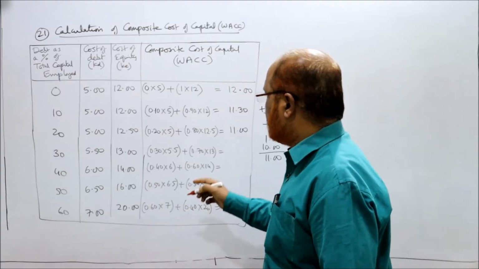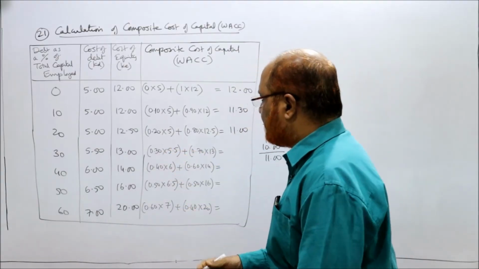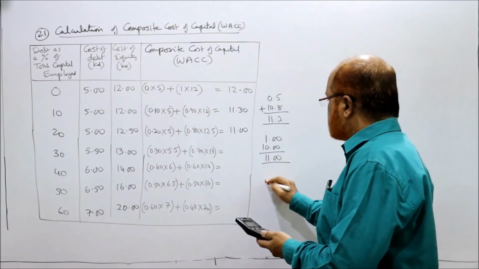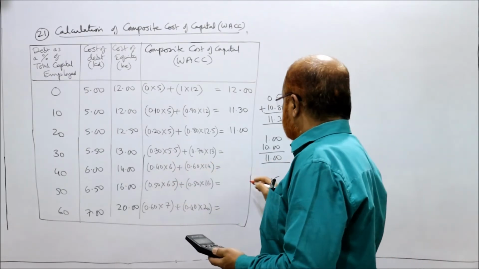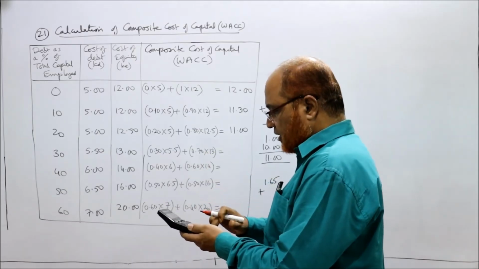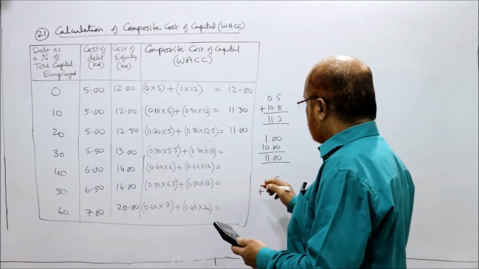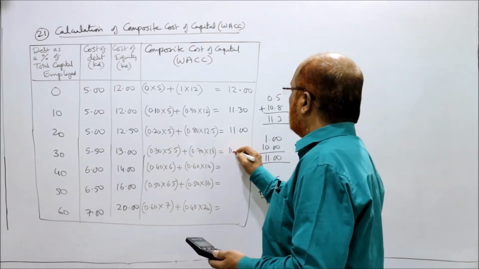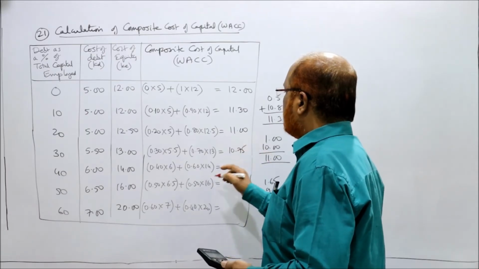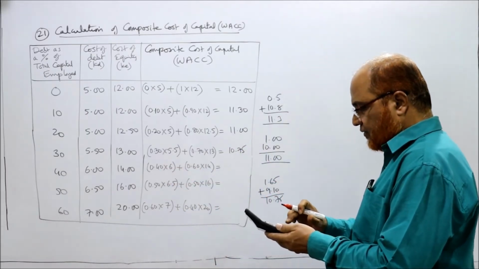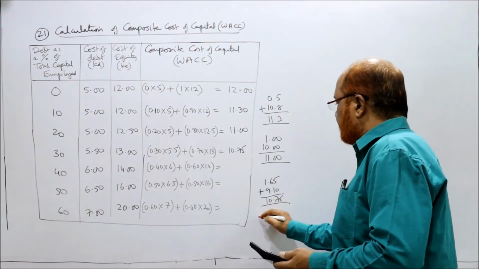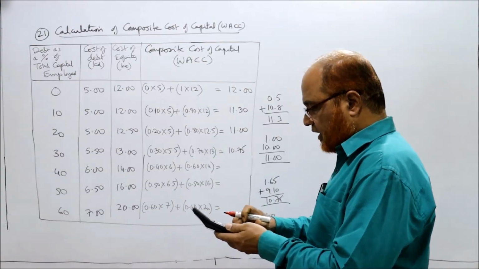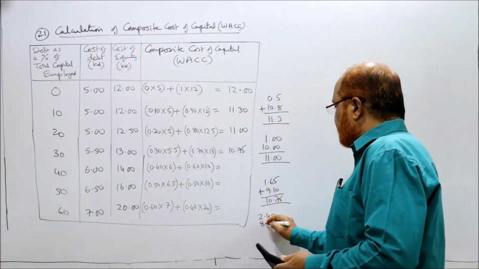Similarly, 0.3 into 5.5, you are getting 1.65, plus 0.7 into 13, you are getting 9.1. So 9.1 plus 1.65, 10.75. Here you will get 10.75. Next one, 0.4 into 6, 2.4, plus 0.6 into 14, you are getting 8.4.